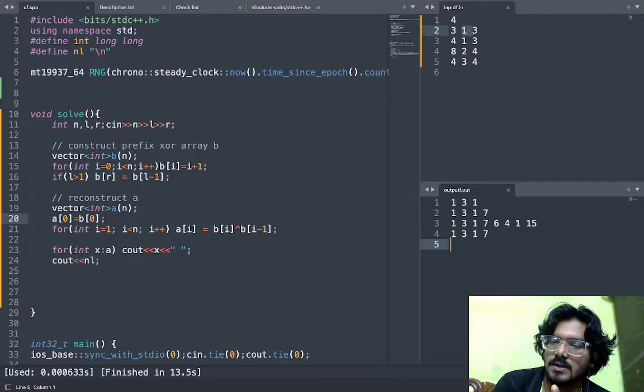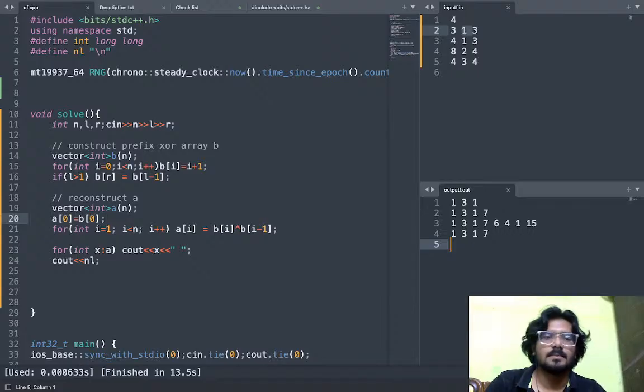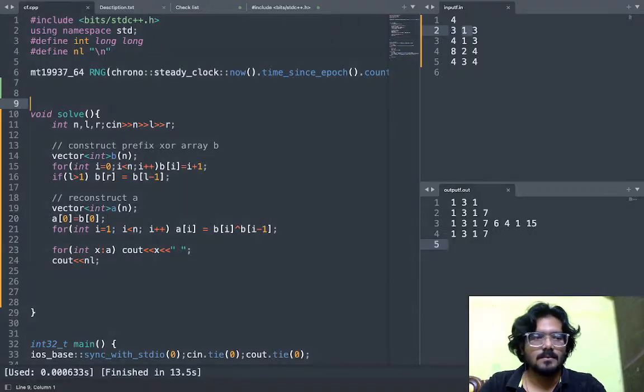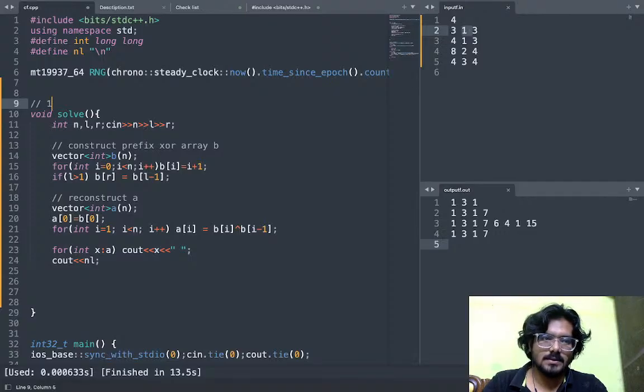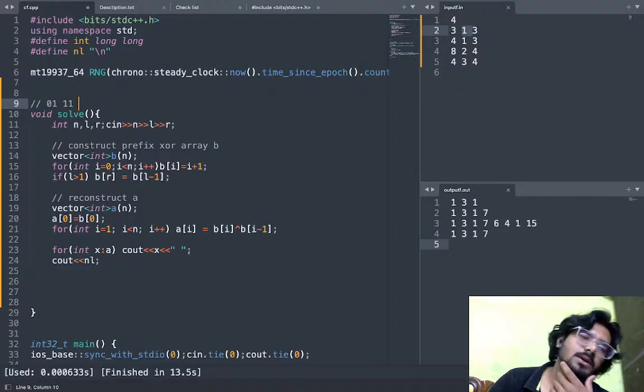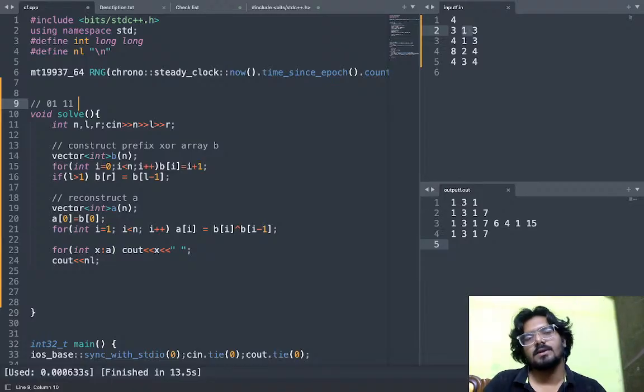If you XOR 1 and 3, here is 3, here is 1 and here is 3. If we XOR, we get, wait a minute, no, we don't get 1 again, we get 2, right? Get 2, this is not correct.